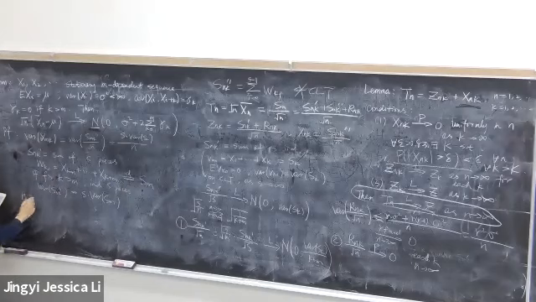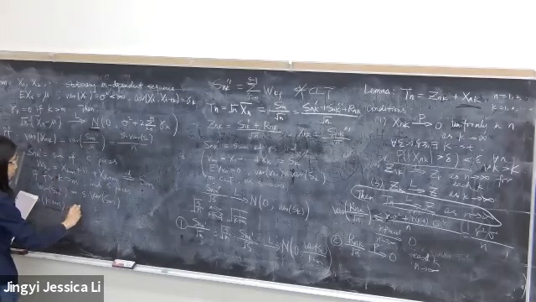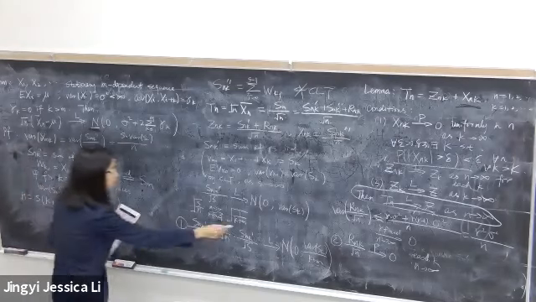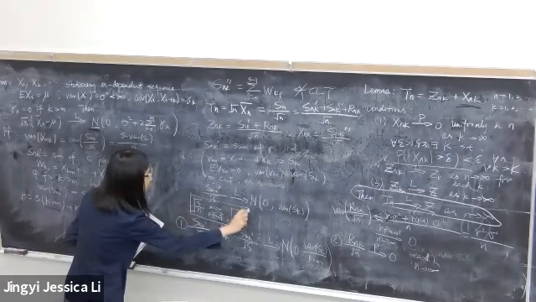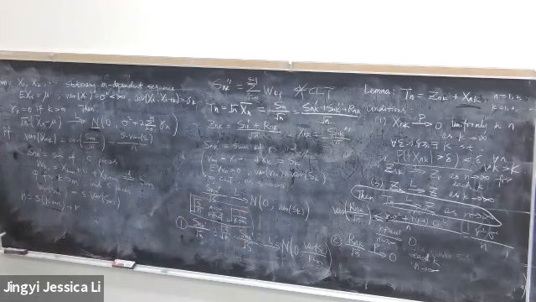Recall that we have n equals S times (k plus m), plus r. So once we have S divided by n, and also we have this result, when we have k fixed and n goes to infinity, then S divided by n will converge to 1 over (k plus m).